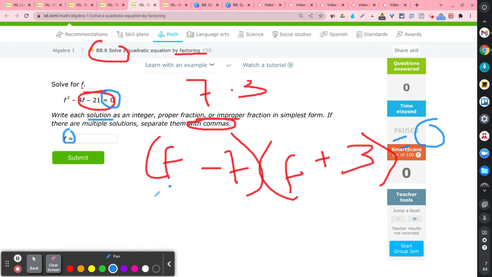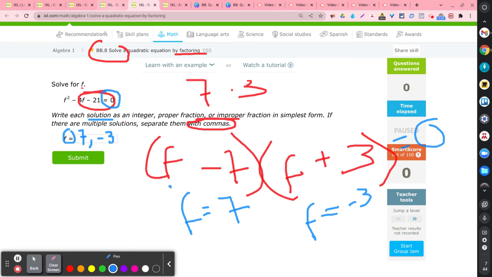That means f has to be positive 7, so that 7 minus 7 is 0, or f has to equal negative 3, so that negative 3 plus 3 is equal to 0. So then your answer is going to say 7, comma, negative 3, because they're asking you to separate it with commas.